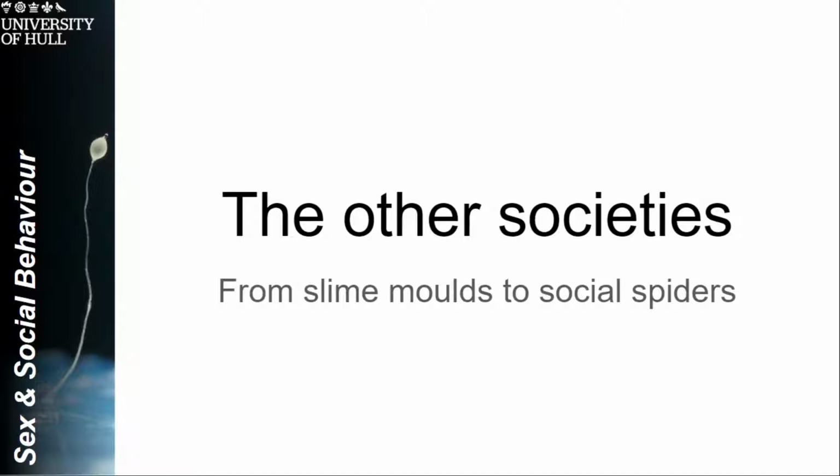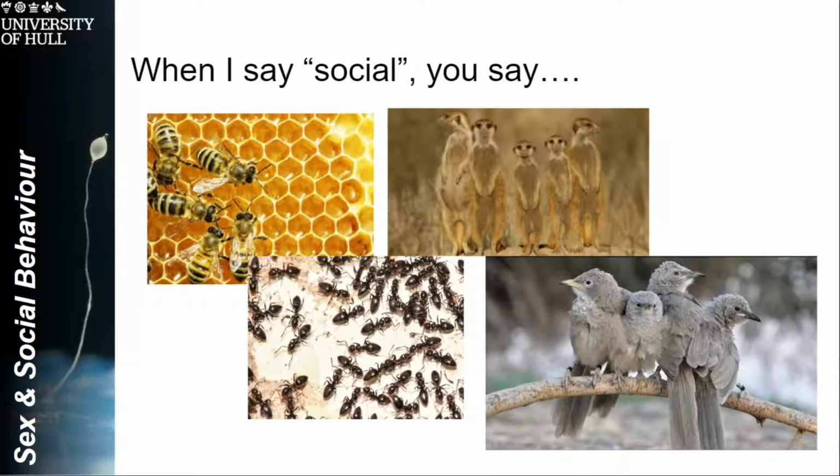Our ideas about sociality tend to centre around a few key focal groups, which are the best studied with respect to sociality and altruism. These include the massively social insects, the famous examples of eusociality, animals that live in social societies like meerkats, and cooperatively breeding birds.